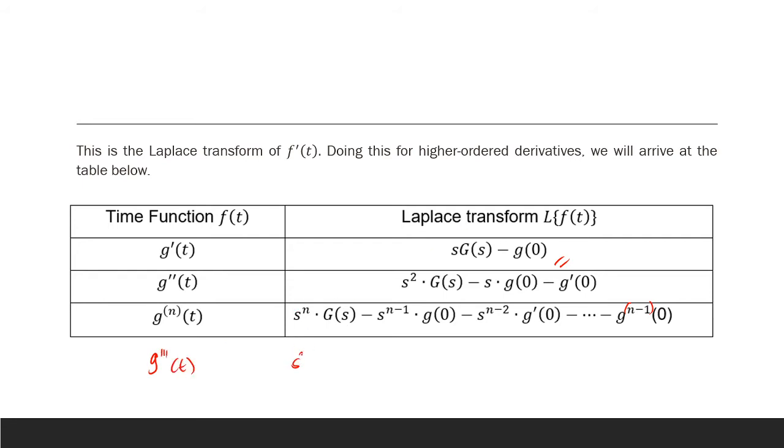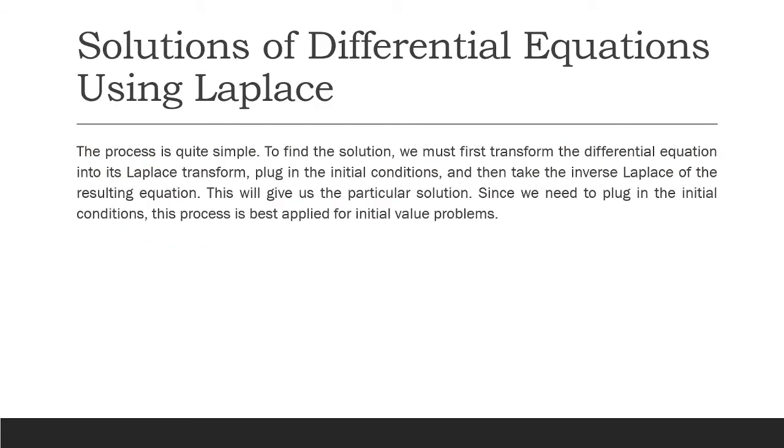We will have s cubed G of s minus s squared g of 0 minus s g prime of 0 minus g double prime of 0. So, yun lang. Madaling tandaan yung pattern niya. Ayan. So, yung mga gantong klase ng problem, kumbaga, mas madali siyang maintindihan pag i-apply natin. So, papakita natin yan mamaya.